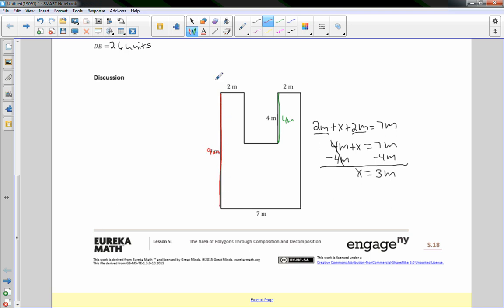But before I get to that, let me go back to this one. If I slide this over here, we see that it's the same length. So this piece is 4 meters. Okay, so move this back here. And I should be labeling these as I go. This was 3 meters. And this is 4 meters because it's equal to this side.